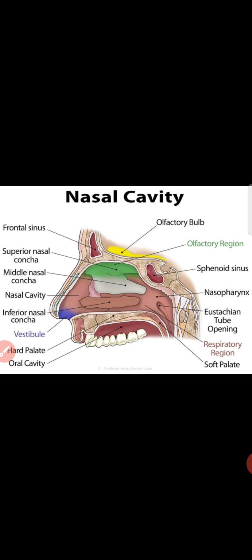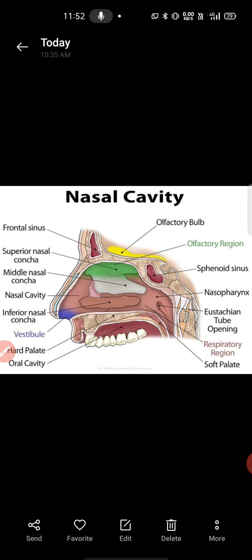The filtering of air by the nasal hair in the nostrils prevents large particles from entering into the lungs. Sneezing is a reflex to expel unwanted particles that irritate the mucosal lining of the nose.